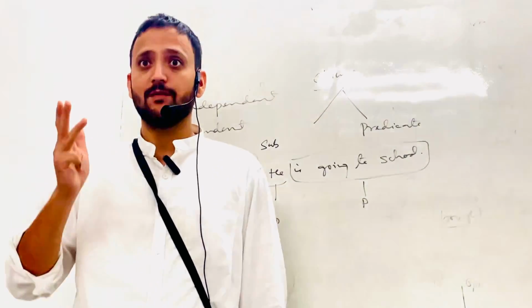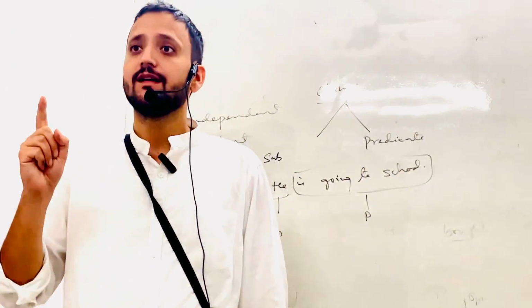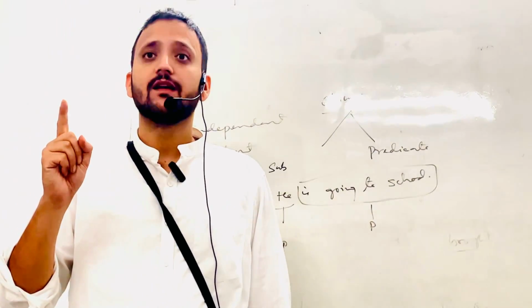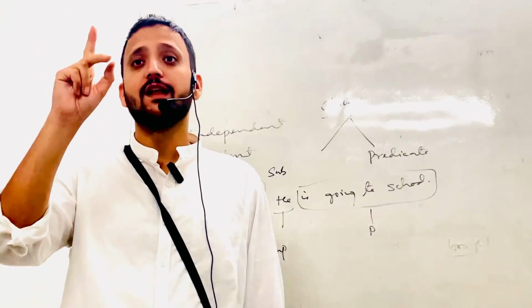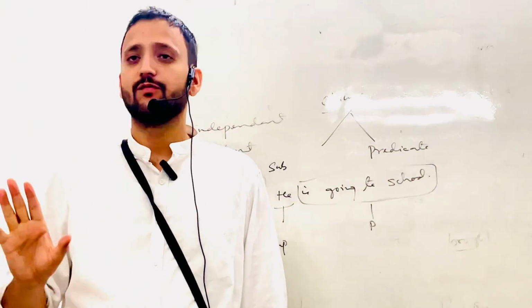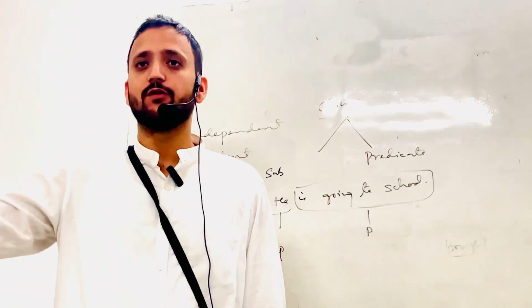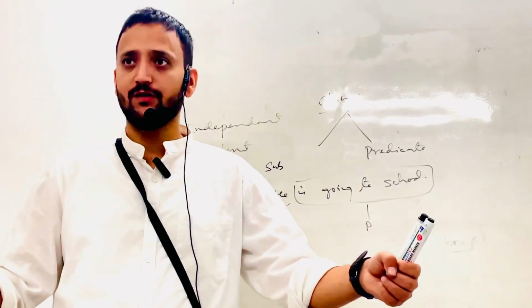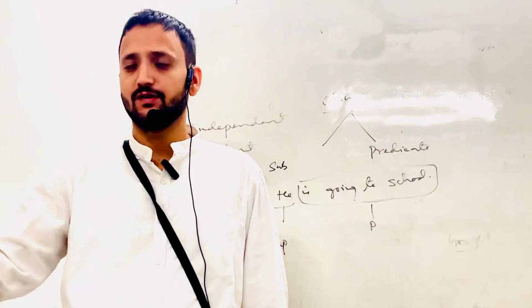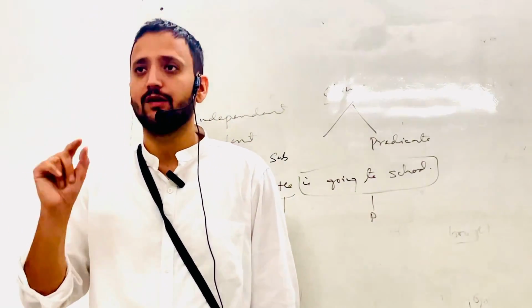And in complex sentence, we have at least one independent and one dependent. Yes, sorry. In complex, we have one independent and one dependent. For example, he sings song, comma, when we are together. So one is independent clause, second is dependent clause. I repeat myself again, in simple sentence we have one independent clause.